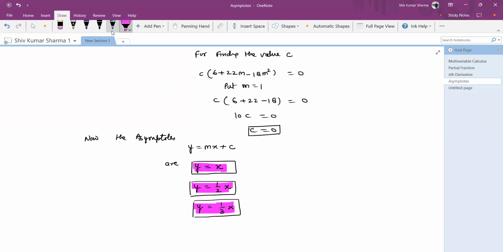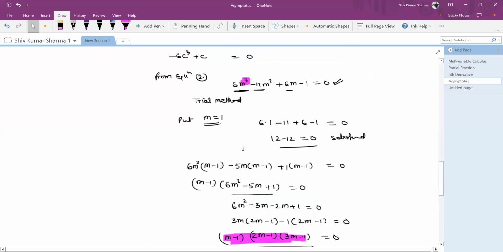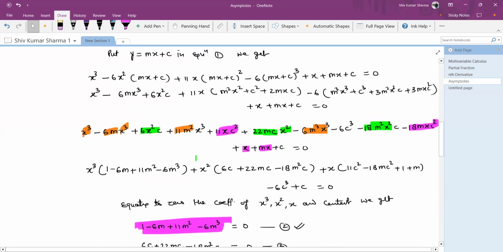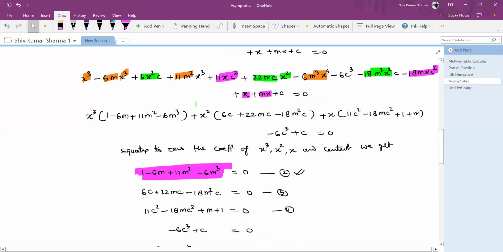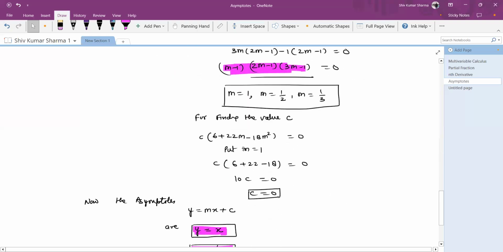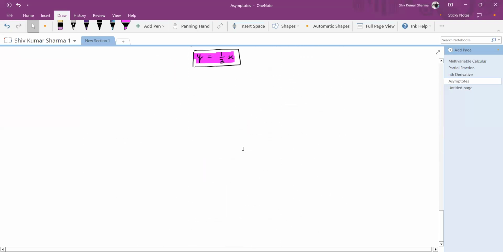This method takes more time. That means when we solve the equation by squaring and cubing, we must remember all the formulas. But we have a second method for solving such types of problems. When we solve problems related to oblique asymptotes, we can follow the formula.